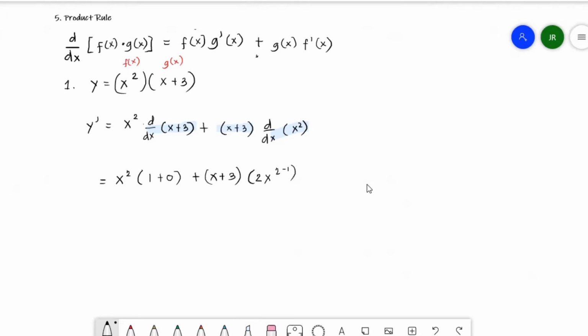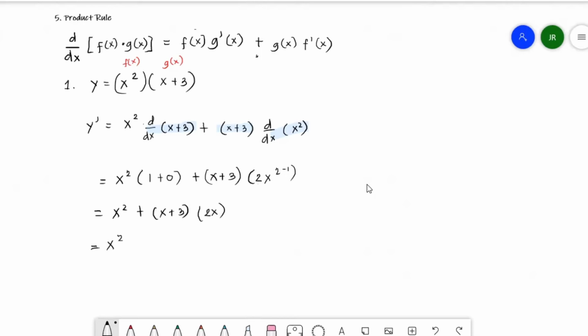Okay, and then that is equal to x squared multiplied by 1 plus 0 ay x squared lang. So plus x plus 3, and then this 2x raised to 2 minus 1 is equal to 2x.